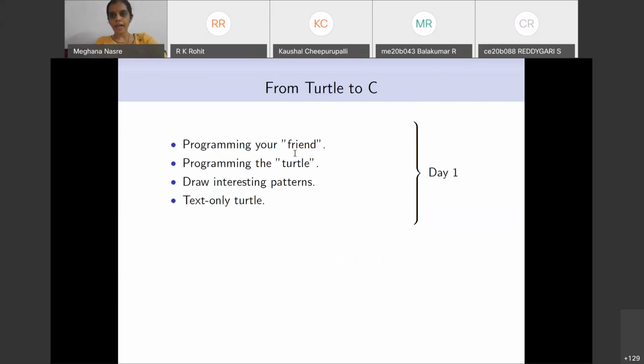In fact, I do hope that many of you explore the turtle and draw interesting patterns, send them to me if possible, and show them to your TAs, show them to your friends. And then we also saw what is text only turtle. That allowed us to print some simple patterns that we started with initially. It also allowed us to print some characters and so on. So this is what we did in day one.